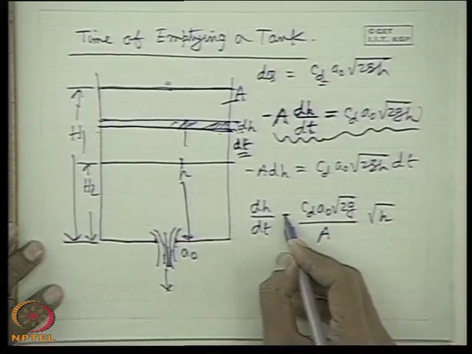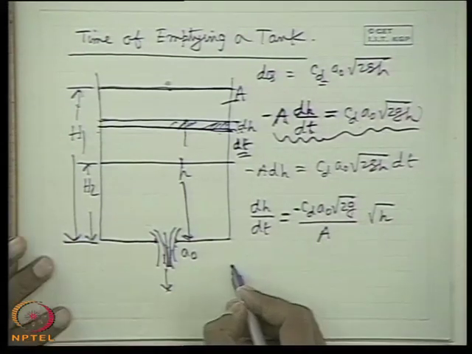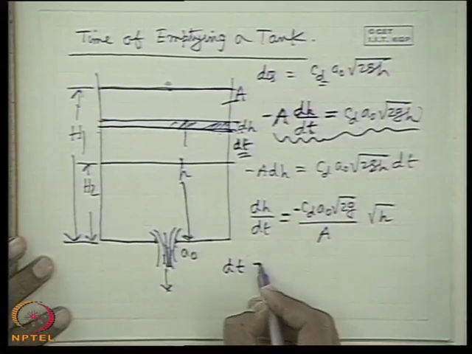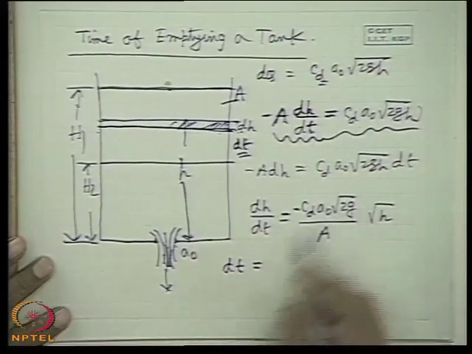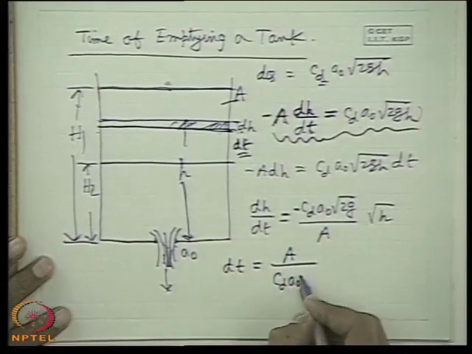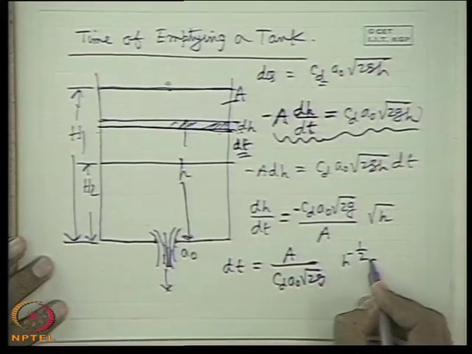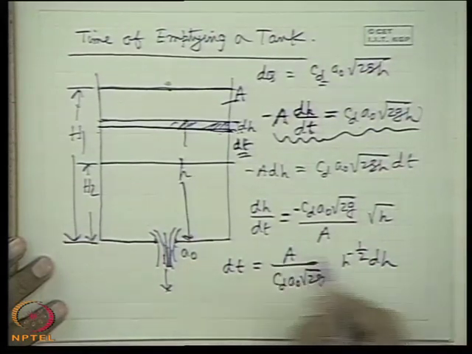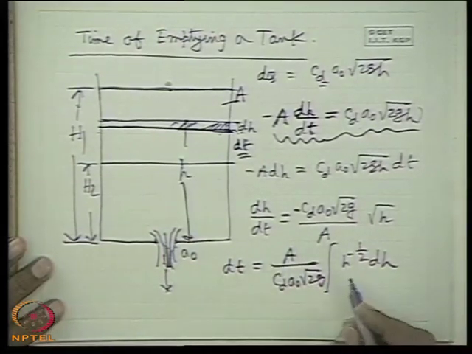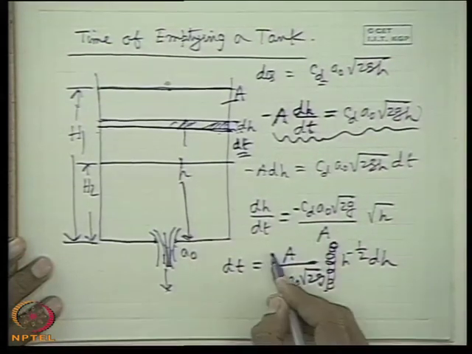So we can find the time: dt is equal to A by CD A0 root over 2g into h to the power minus half dh, with a negative sign.